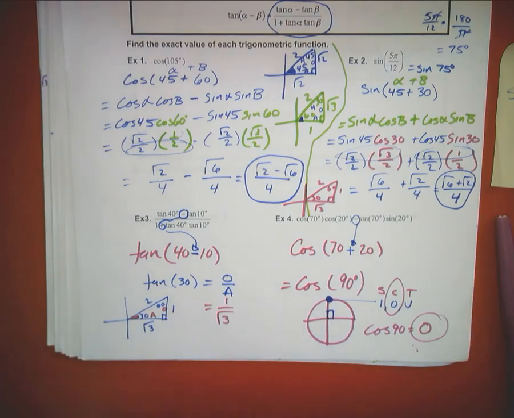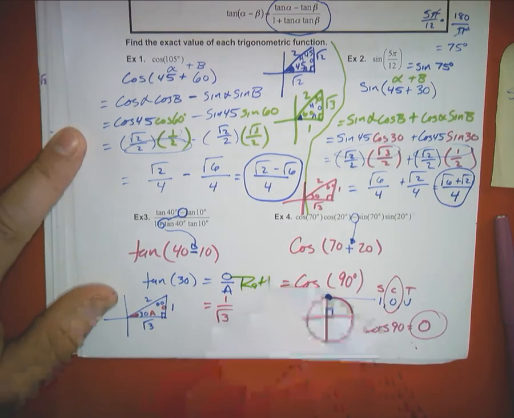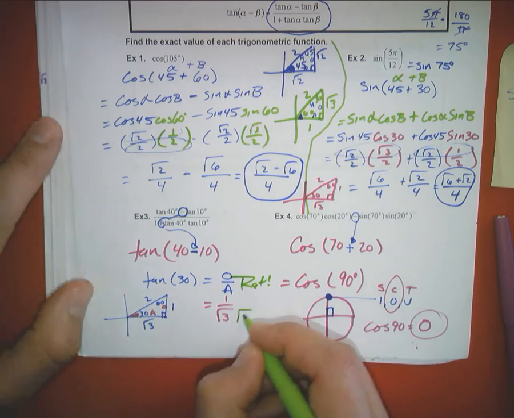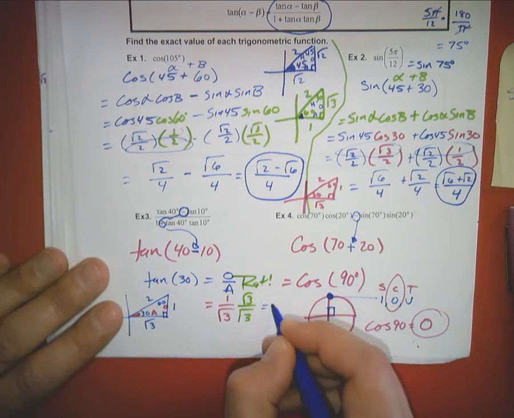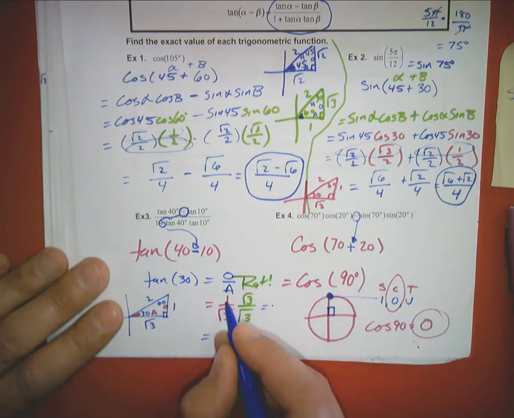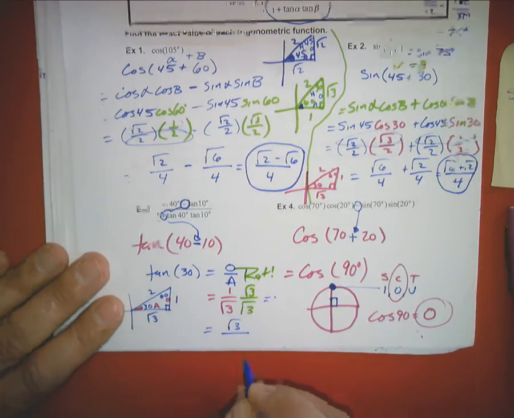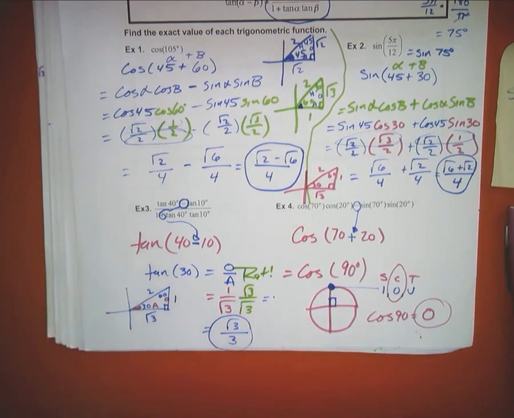Leave it like that? We want you to rationalize this thing. So all we got to do is multiply top and bottom by root 3. So 1 times root 3 is root 3. Root 3 times root 3 is just 3. So final answer I should get is root 3 over 3.